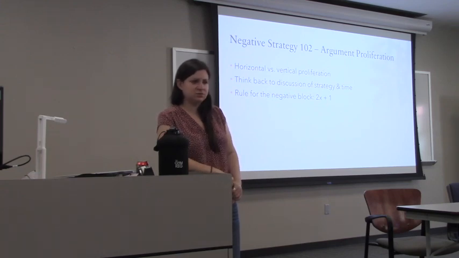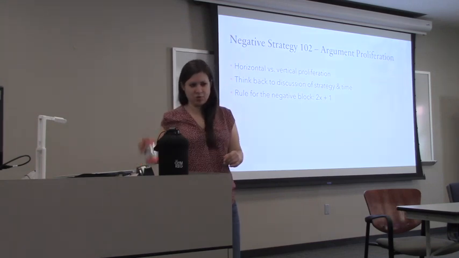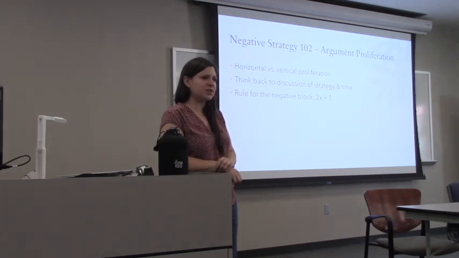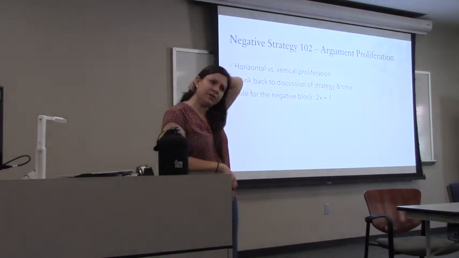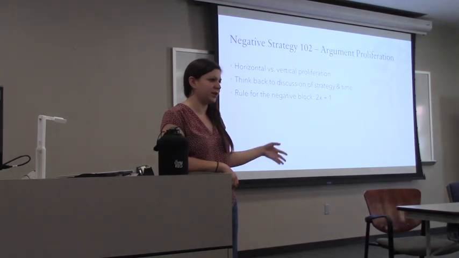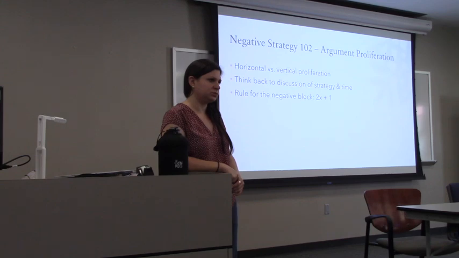Algebra, I liked algebra, but it takes some work. So 2 times the number of arguments that the 2AC has made, plus 1, is the formula for how many arguments you want in the block on each 2AC argument. Does everyone see how that structure enables you to proliferate vertically and make it harder for the AFF? Cool.